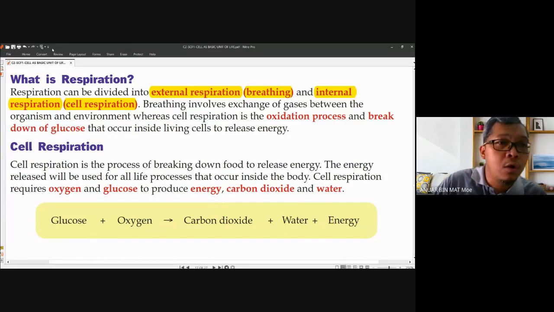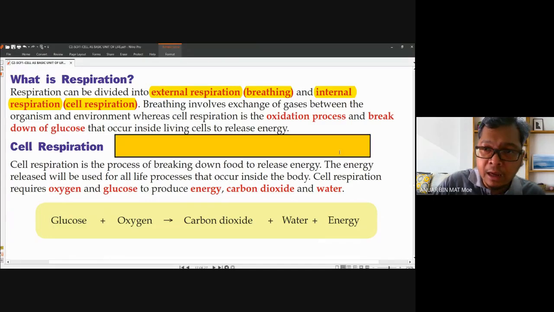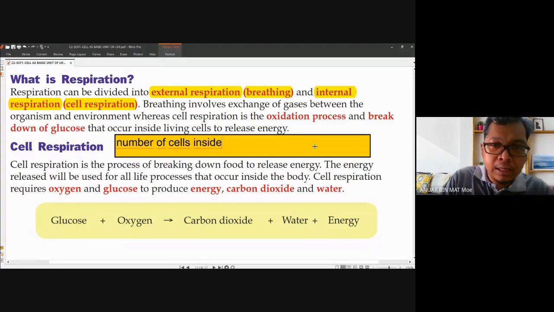How do we write it in the form of a number? The number of cells inside the human body is about 30 trillion.